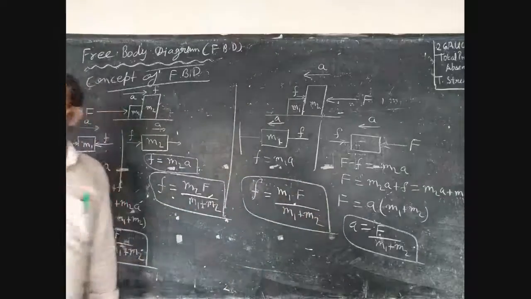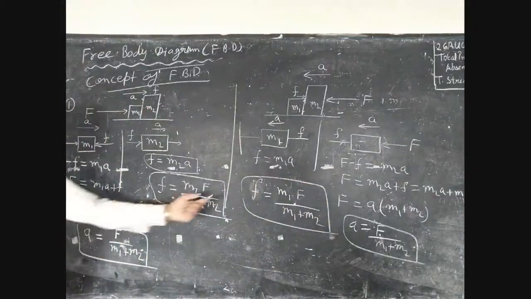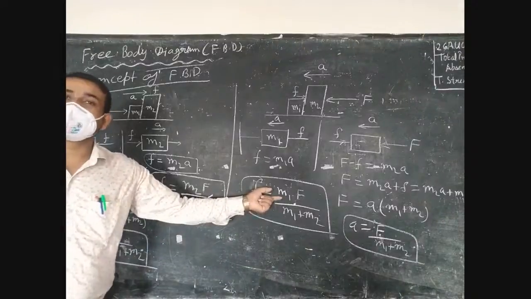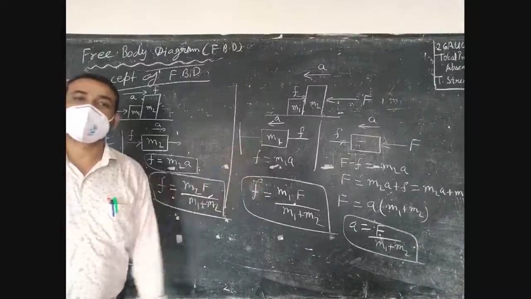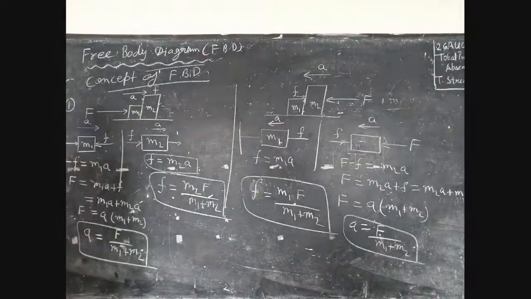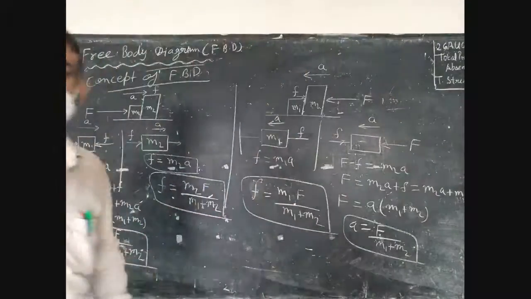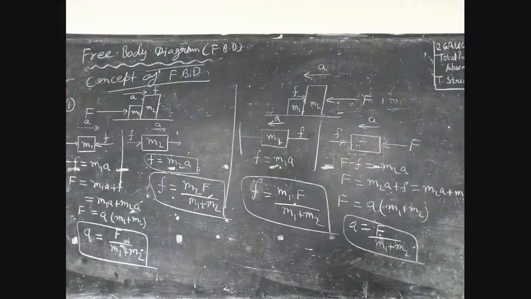How much it will be different? So answer in the proportion of the difference between the two masses. Okay? So this is how you can solve the two body connectivity. Okay? Next.